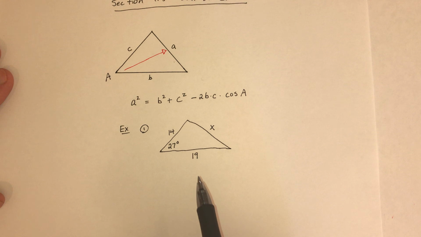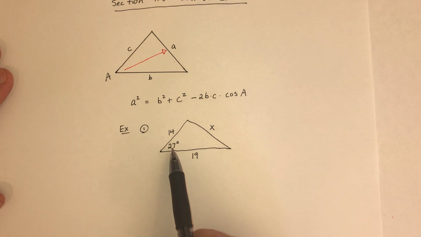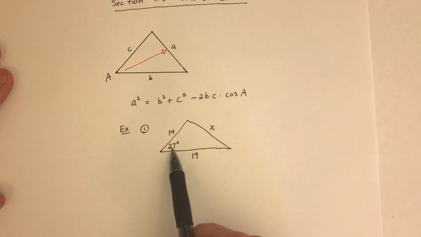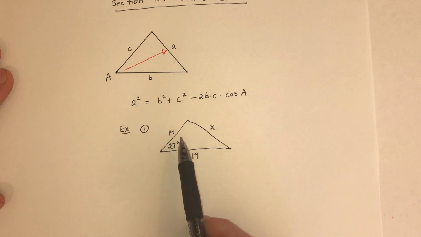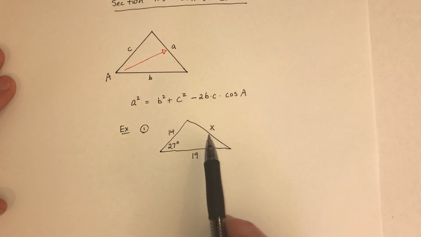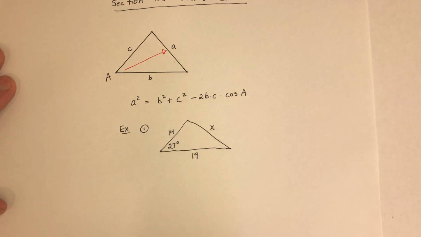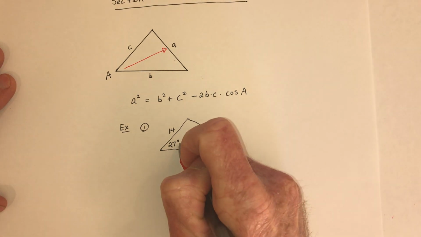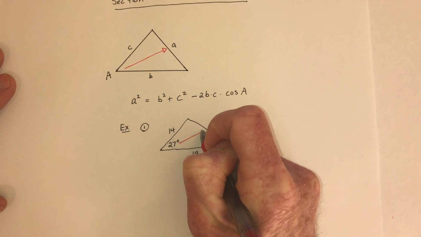So notice that we cannot use the law of sines on this one because we need to go x divided by sine of 27 equals 14 divided by sine of, and this information is missing here also. So we can't use law of sines, thus law of cosines. It all starts with this angle, and you go straight across from that.